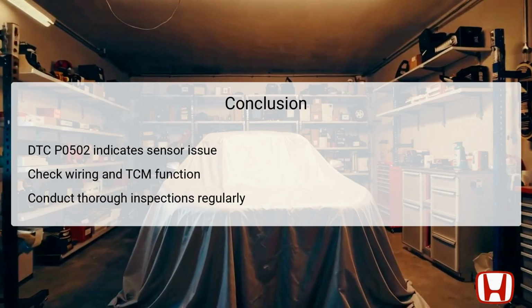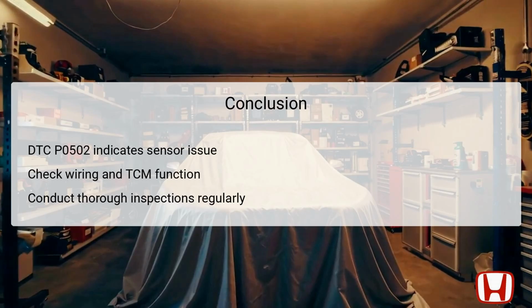In summary, DTC P0502 indicates a potential issue with the CVT speed sensor circuit, stemming from either the sensor itself, the associated wiring, or the TCM. Understanding the roles of these components and how they interact is crucial in diagnosing and repairing this issue effectively.